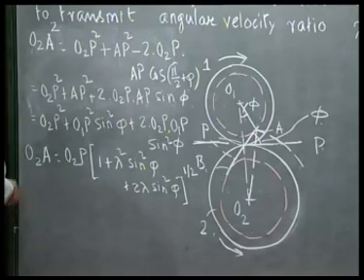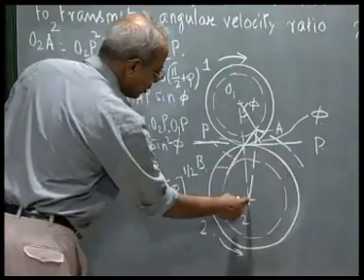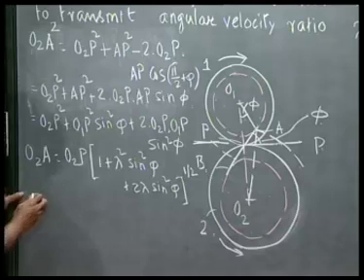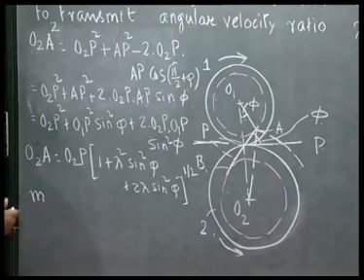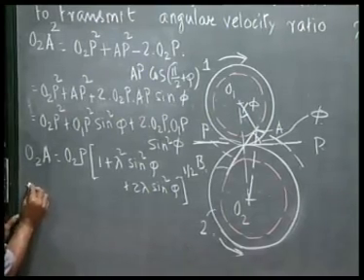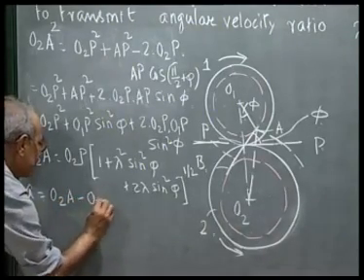Now O2A minus O2P. O2A is the addendum radius, O2P is the pitch circle radius. So the difference of this is nothing but the addendum. O2A minus O2P.